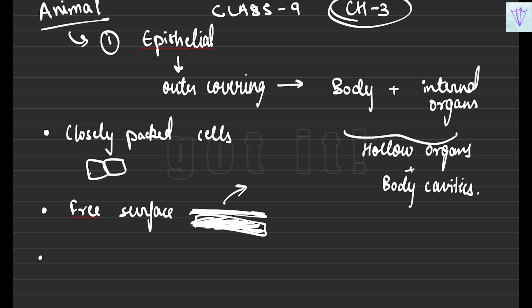And the next one is it is avascular. That is, no blood vessels will pass through it, and it gets nutrients by diffusion from the underlying tissues. And the next one is it is regenerative.